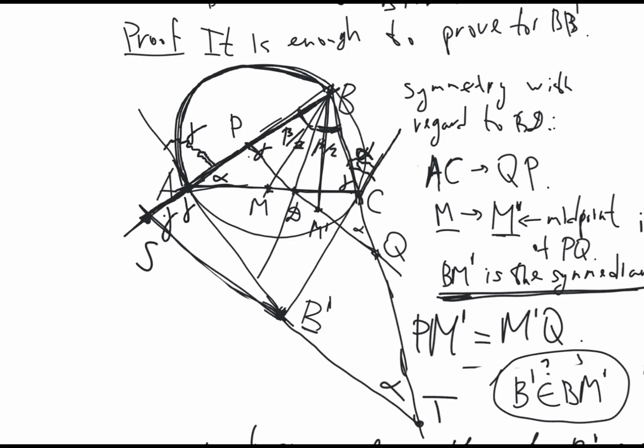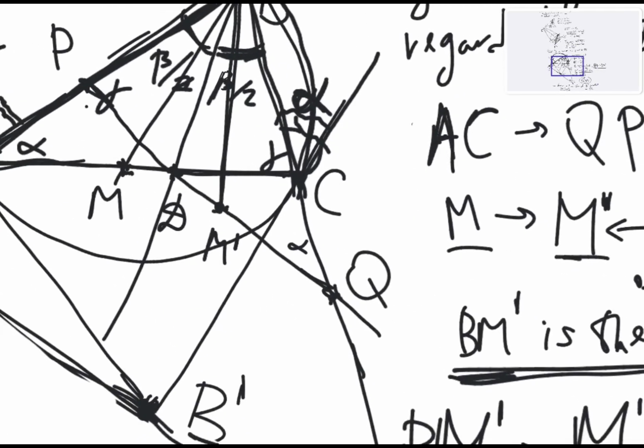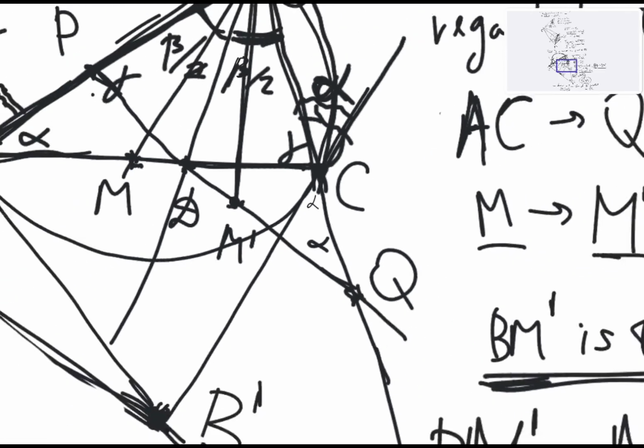So it again is equal to half of the arc BC, and the angle alpha, BAC, is an inscribed angle that subtends this arc, so therefore it's also alpha. So therefore this angle is alpha, and therefore this angle B prime CT is also alpha.